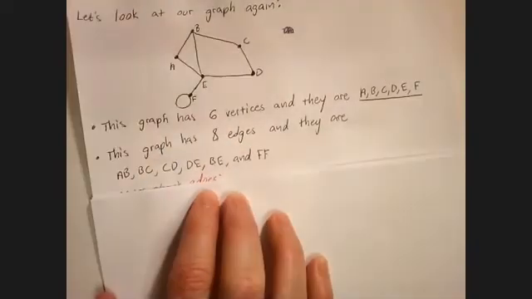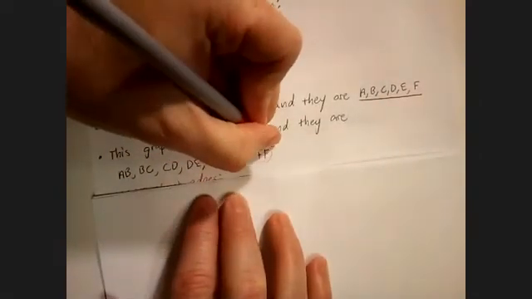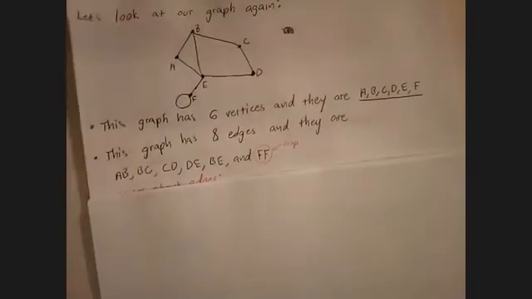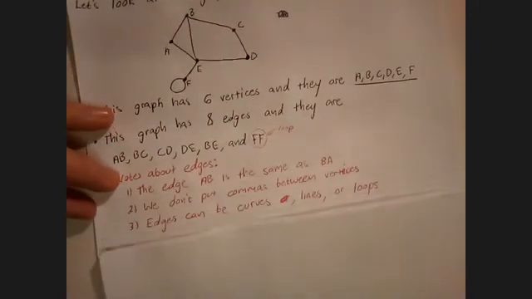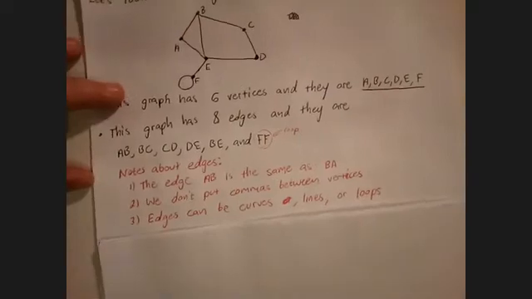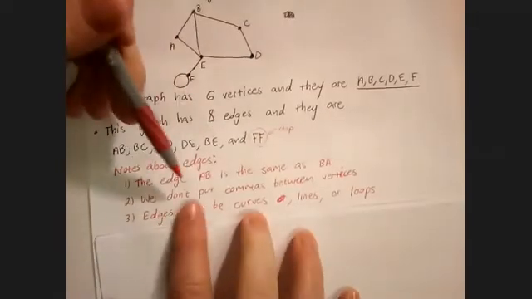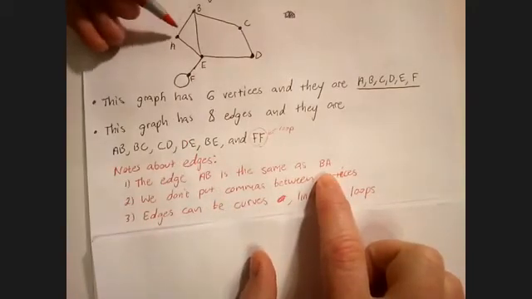So if I have a loop, call this my loop here. That's how we're going to label a loop, as the letter twice, because it starts and comes back to itself. This is something I wanted to mention about edges. First of all, I could write edge AB as BA, and it's the same thing.